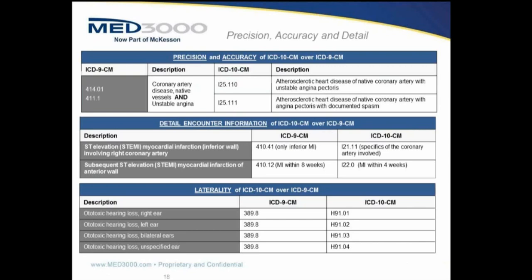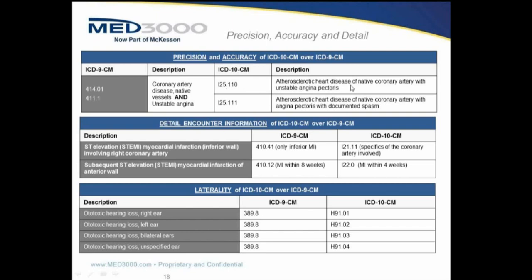But when we talk about precision, accuracy, and detail of ICD-10 over ICD-9, if you look here at our 414.01 and our 411.1, the description, the coronary artery disease, the vessels, and stable angina within ICD-9 as it is today. If we look over to ICD-10, we now go to I25.110.